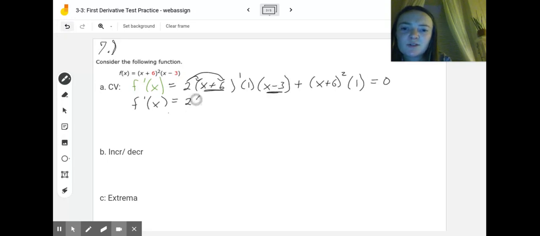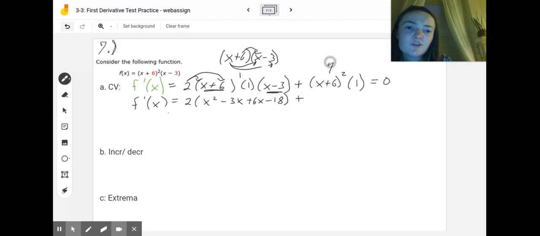So we're going to say, what's 2 times x plus 6 times x minus 3? So really I want to know what's x plus 6 times x minus 3, which is just a little bit of foiling. So x times x is x squared. x times -3 is minus 3x. 6 times x is 6x. And 6 times -3 is minus 18.